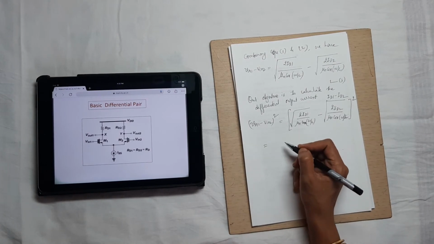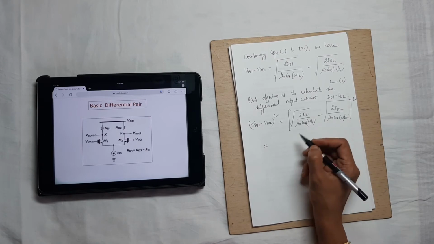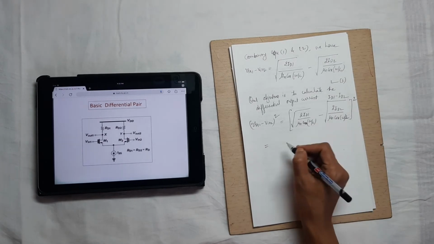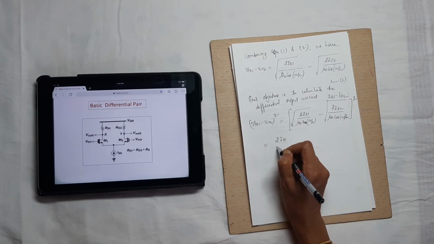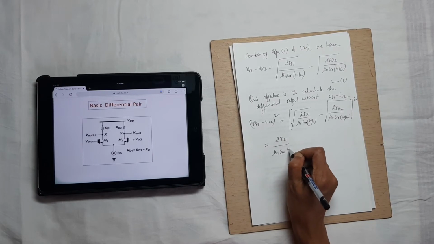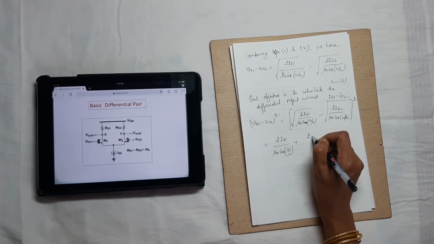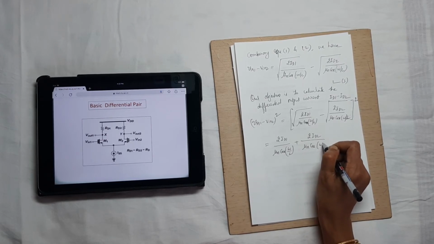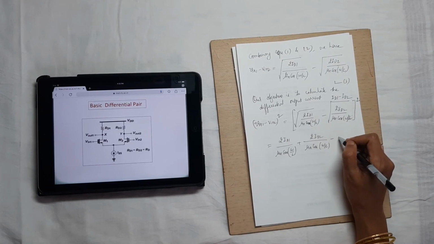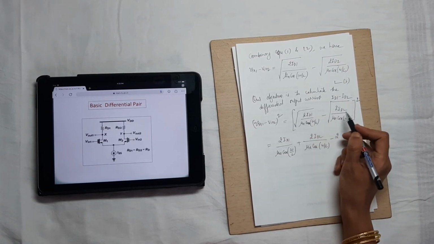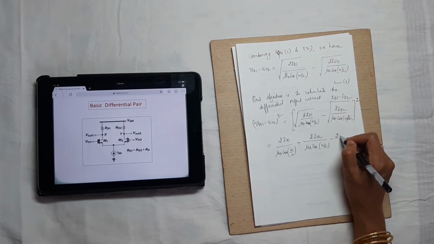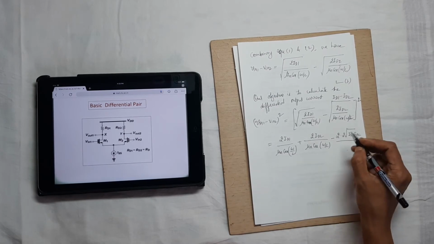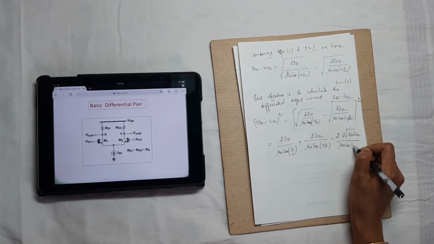This is equal to A square plus B square minus 2 times A into B. So this will be 2ID1 divided by mu n Cox W by L plus 2ID2 divided by mu n Cox W by L minus 2AB, 2 times this into this, 2 square root of ID1 ID2 divided by mu n Cox W by L.